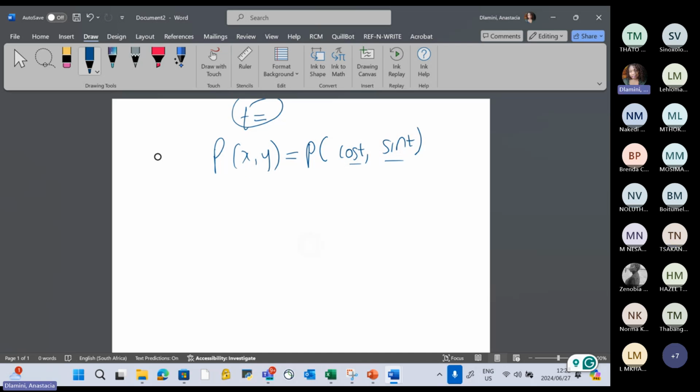So meaning that, for example, t equals pi over 4. If we were to find the terminal point, you could have also done it like this. Cos of t will give me the x value of the terminal point, and sine of t will give me the y value of the terminal point.